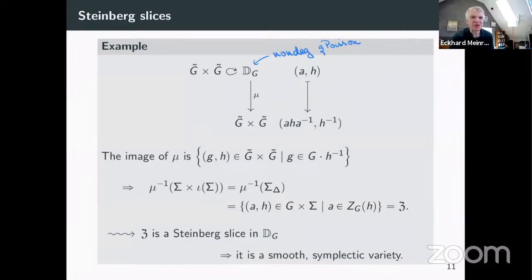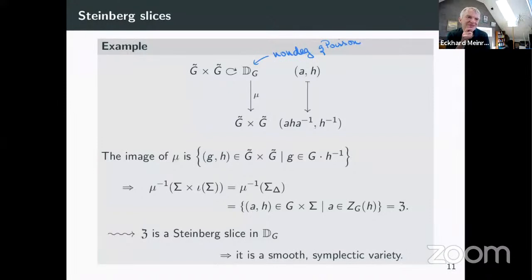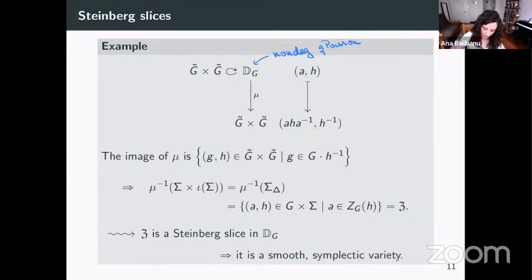Indeed. So I was also wondering if it's related to the cotangent bundle then. It is, in the sense that I said that we should think of DG as being a kind of multiplicative analog of T star G. And then DG is exactly the groupoid integrating T star G. But again, this is in two ways.